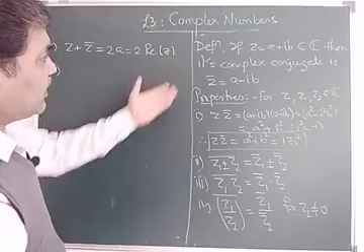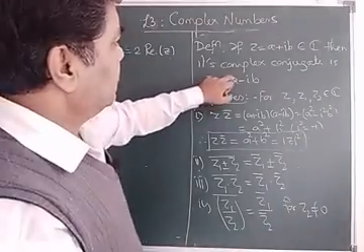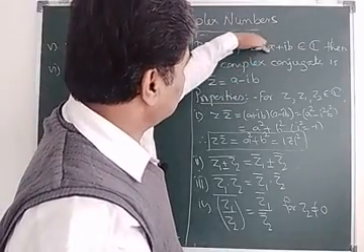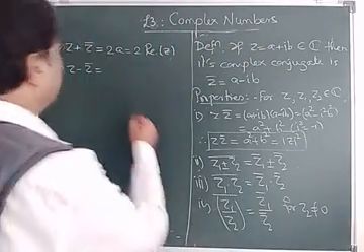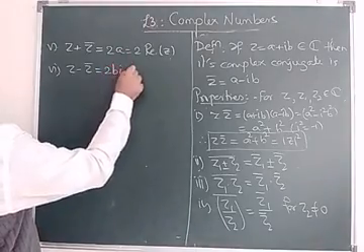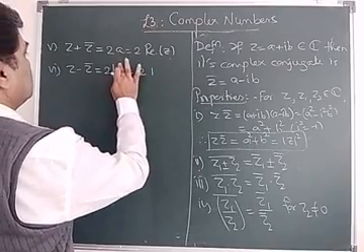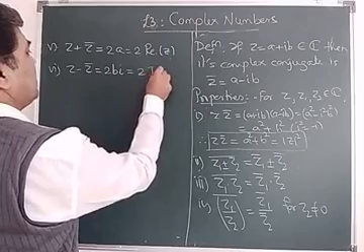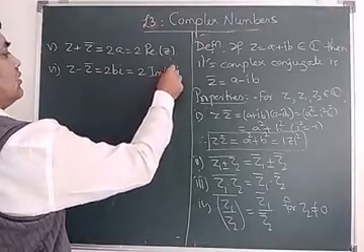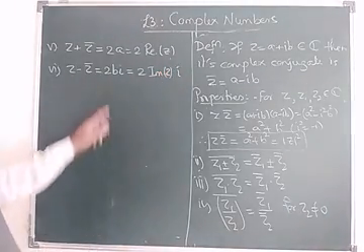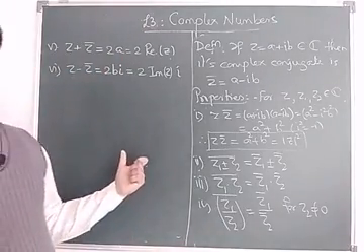Sixth, if I take the difference z minus z bar, then subtracting this from this, a gets cancelled, ib minus minus ib is plus ib, that is 2ib, which is nothing but 2 times the imaginary part of z times i. b is the imaginary part.